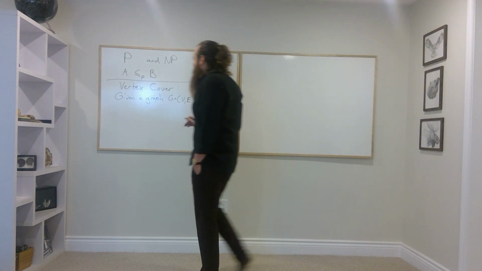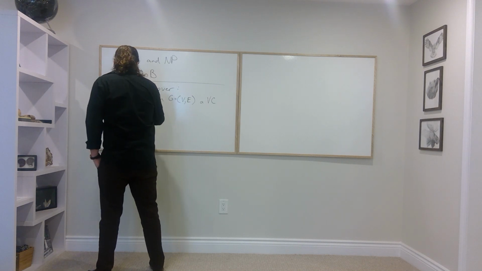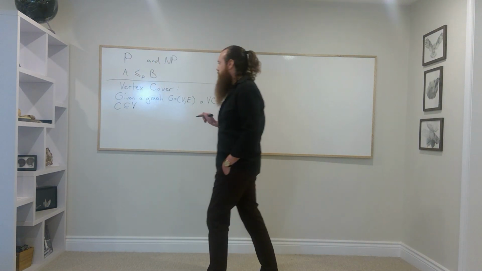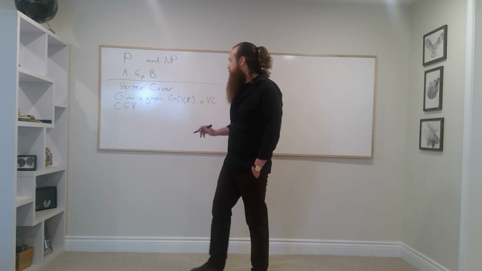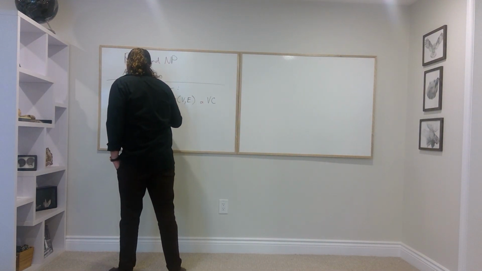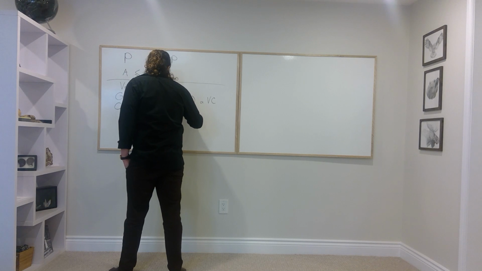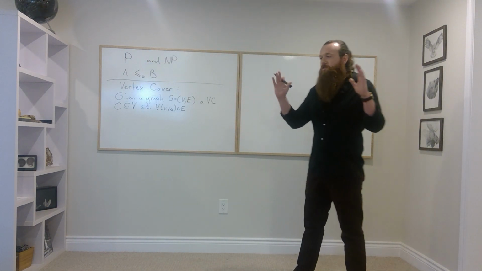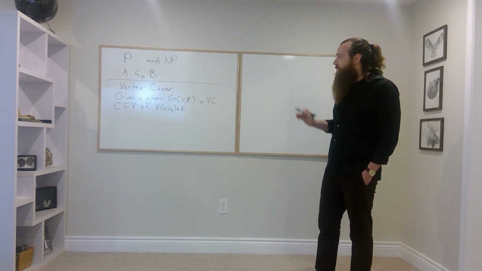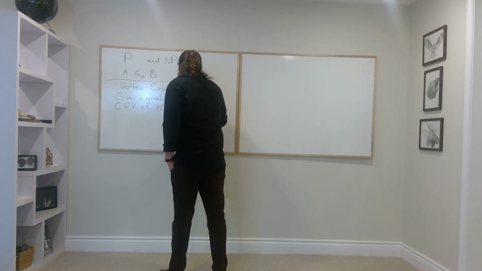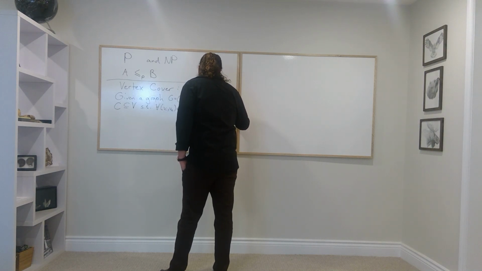A vertex cover, and we'll call it C, is a subset of V, meaning a vertex cover is just a set of vertices, such that for all edges (V1, V2), remember an edge is just a two-tuple of vertices, the source node and the target node, for every edge in E, V1 is an element of C, or V2 is an element of C.